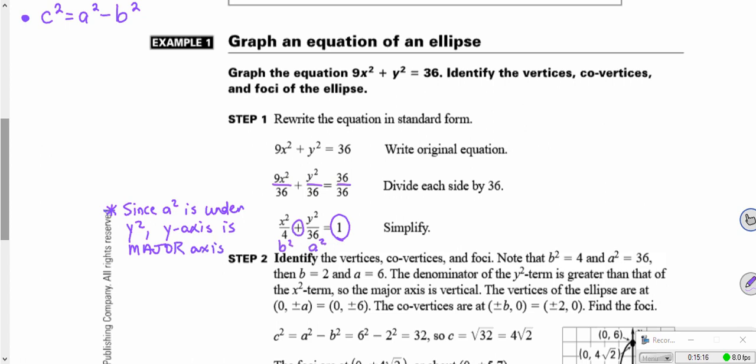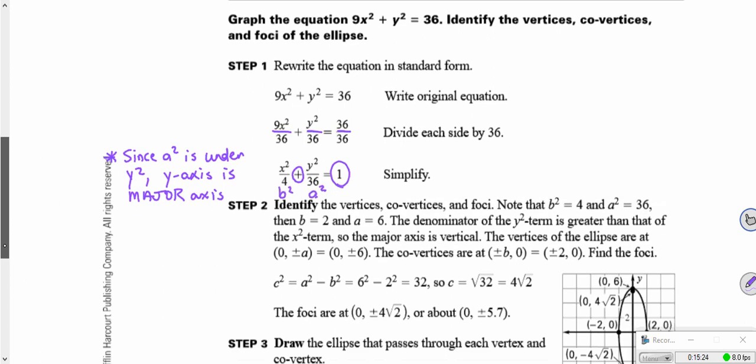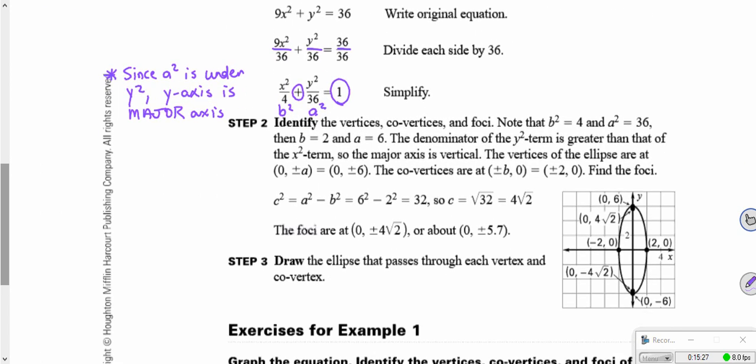So this tells me that b equals square root of 4, or 2, and a equals square root of 36, or 6.